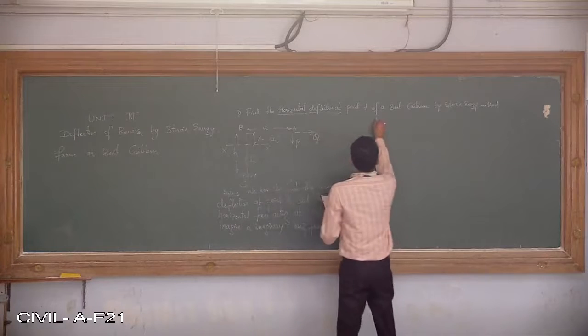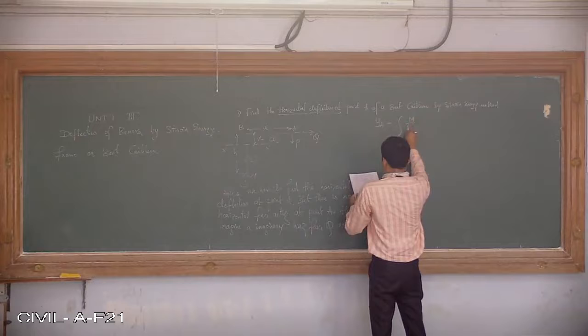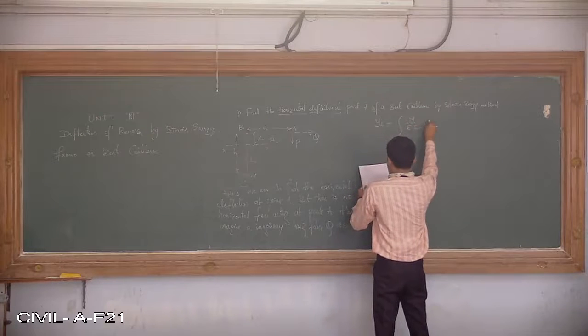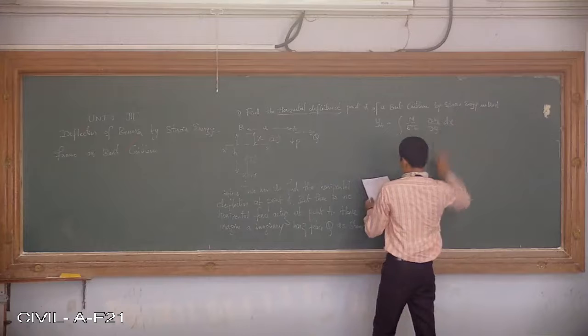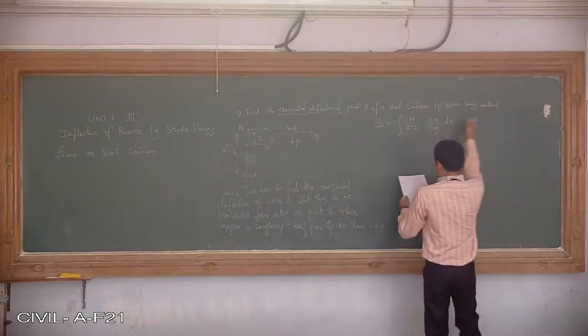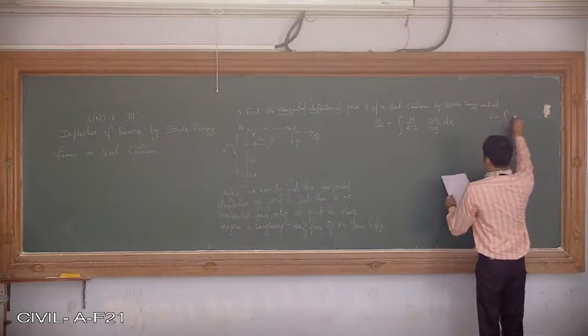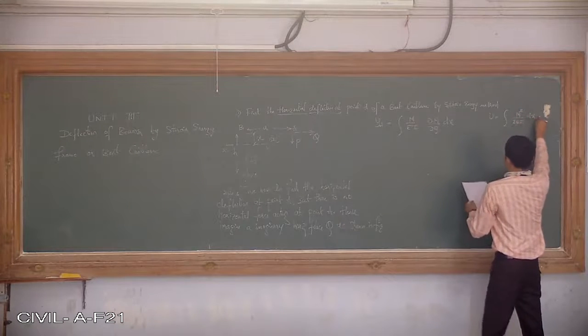Okay. So the deflection will be the integration of M by EI, ∂M by ∂Q, dx. How you get this is the same thing. Strain energy is the integration of M square divided by 2 EI dx.